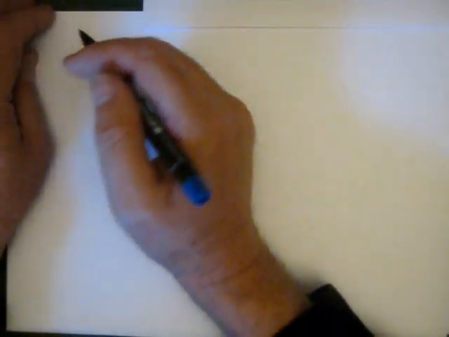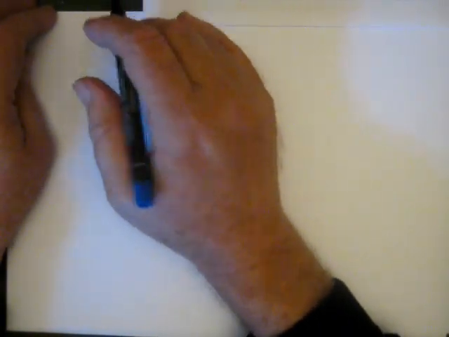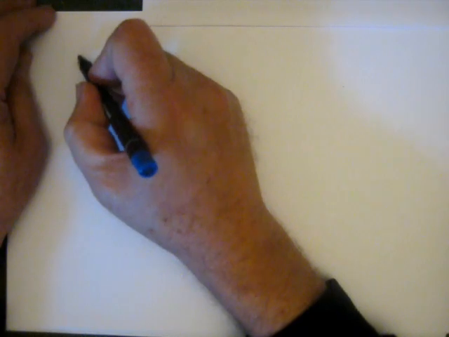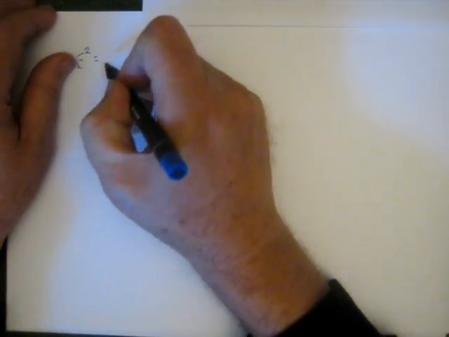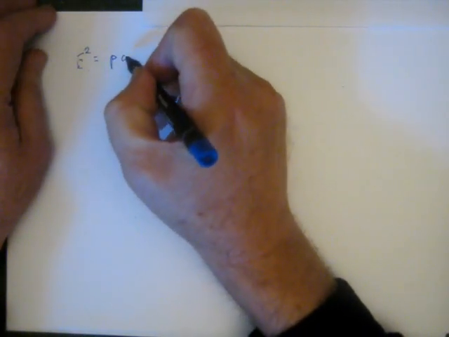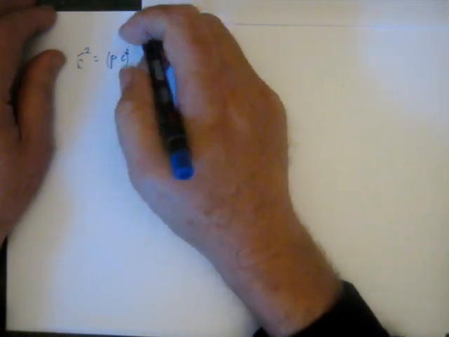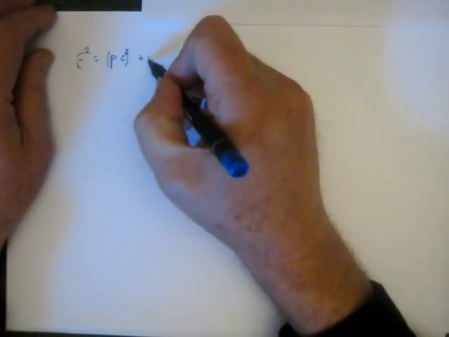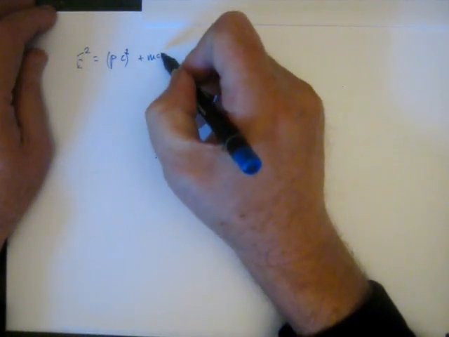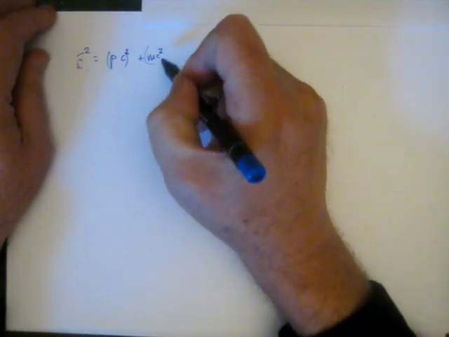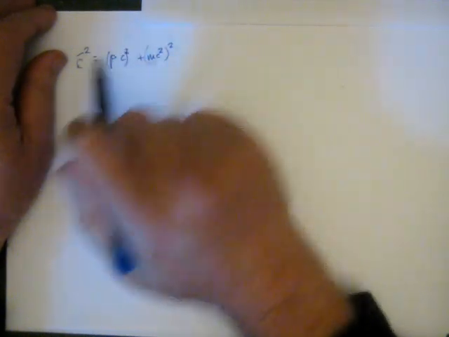So what about if we have particles with no mass? So we can say E squared is equal to momentum squared times c squared, all squared, plus mc squared, all squared. That's another way of working out the energy.